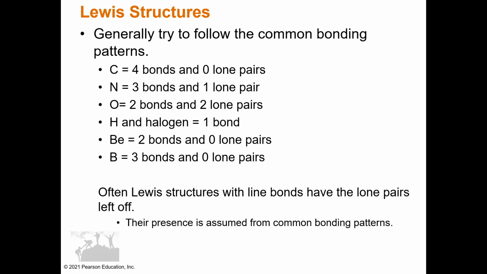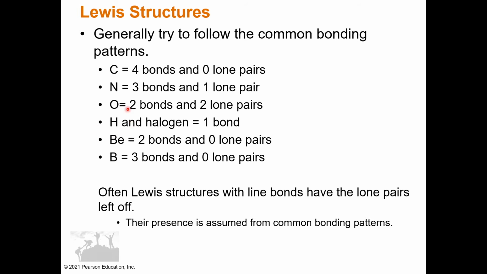To help you figure out the correct Lewis structures for different molecules, just follow these patterns. For carbon, it always has 4 bonds. It could be 4 single bonds, 2 double bonds, any combination of those multiple bonds. Just got to make sure that carbon has 4 bonds.